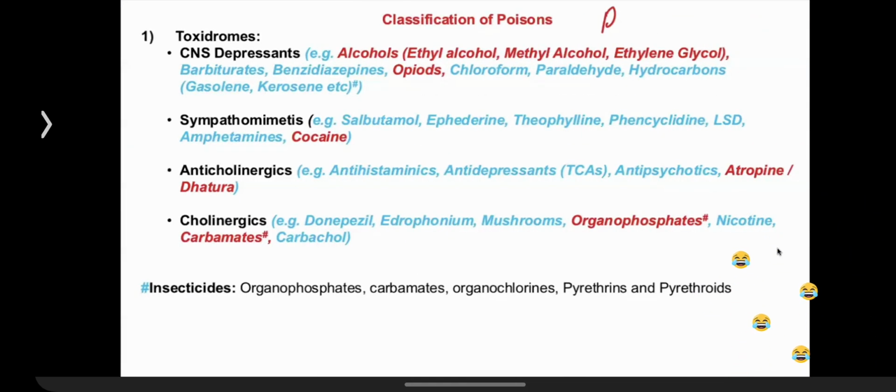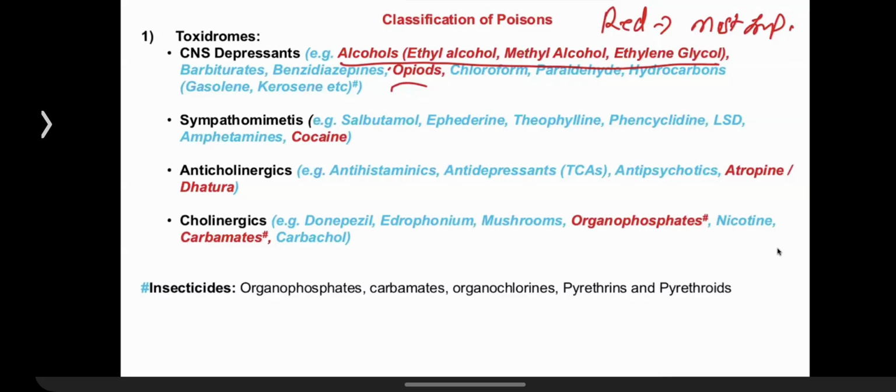Now, the red ones are the most important. You don't have to rectify the classification, that is not required, but this classification will help you in understanding the concept.